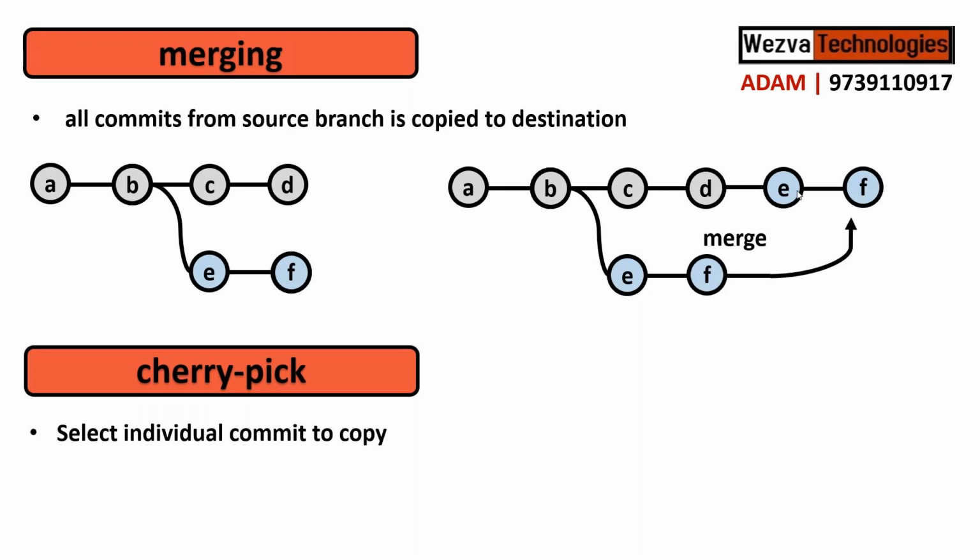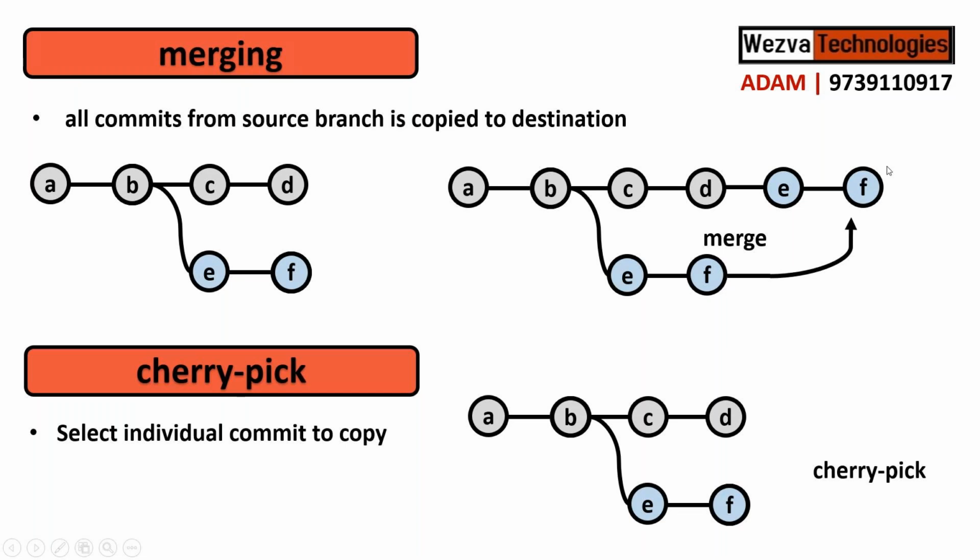When you want to combine the code, let's say I don't want all the previous commit IDs, but I want only one commit ID of my choice, then merge will not be useful, because merge will take all the commit IDs and put them to the destination. So if you want to selectively copy or combine the content of one commit ID at a time, then you should be using cherry pick.